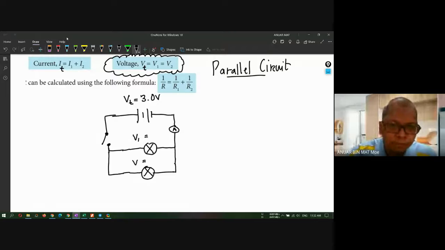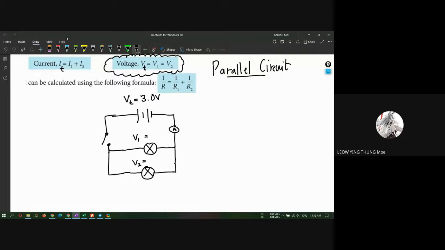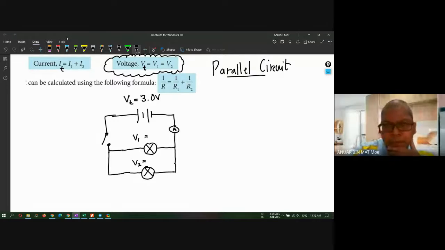Very simple. V1 is 3.0, and then V2 is also? Look at the formula here. V2, how much is V2? Also 3.0.